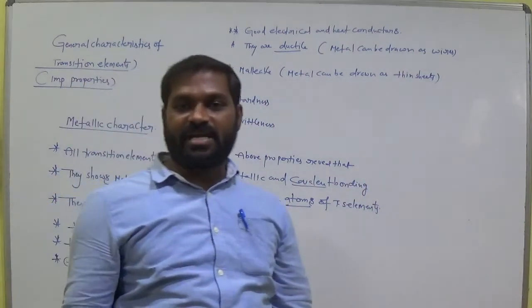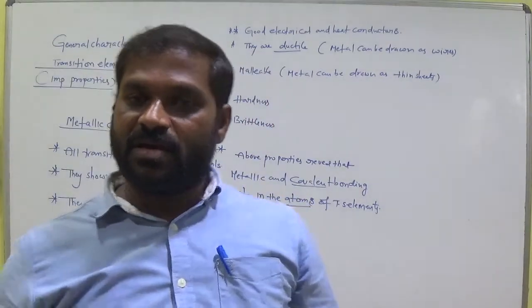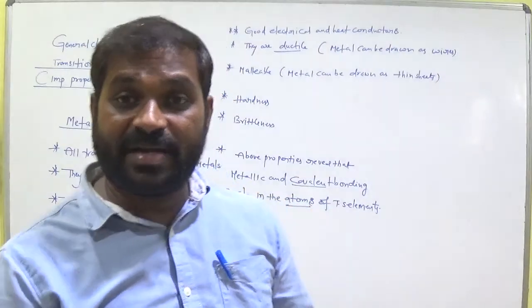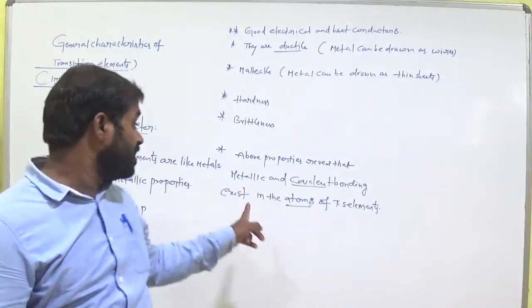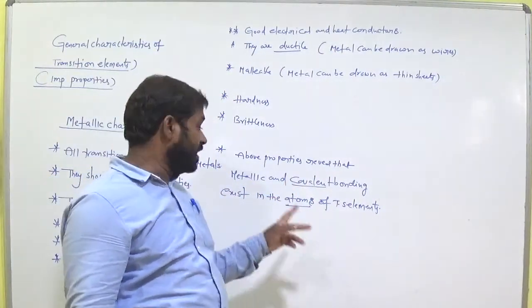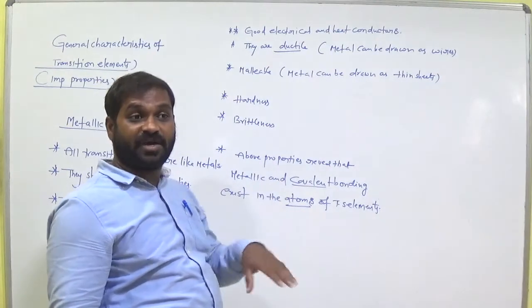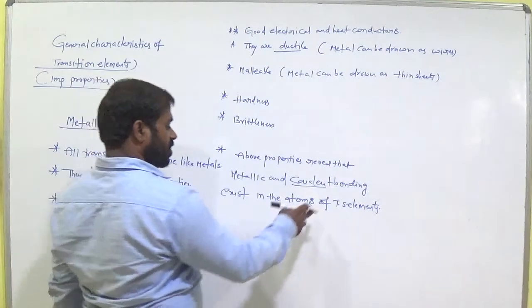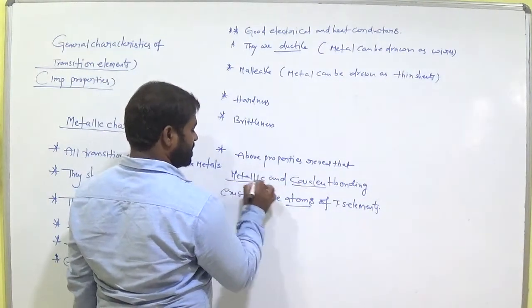Suppose you take one transition element, it consists of a number of such atoms. In between the atoms there is a possibility of metallic bonds and covalent bonding. Covalent bond and metallic bonds are possible in the case of transition atoms. Remember this. Okay. Which bond? Covalent bond.